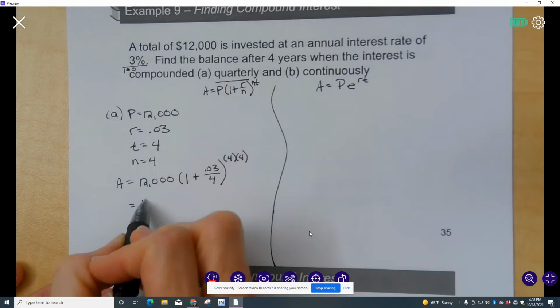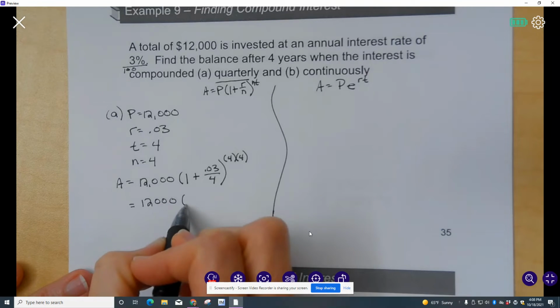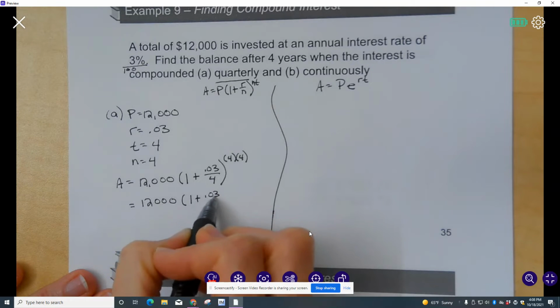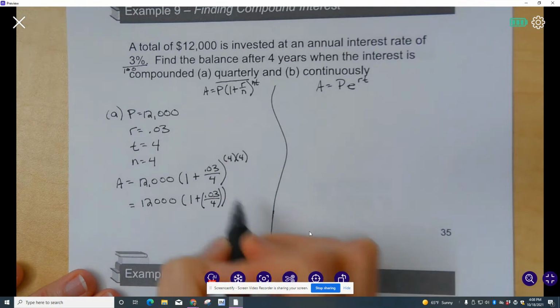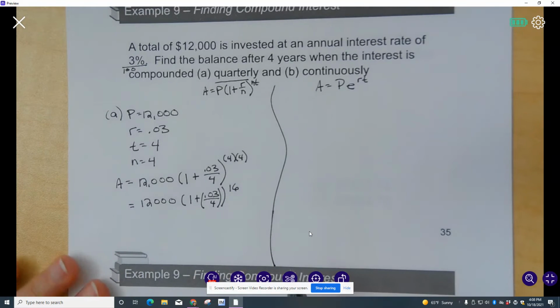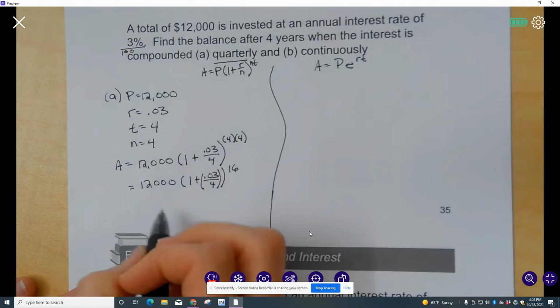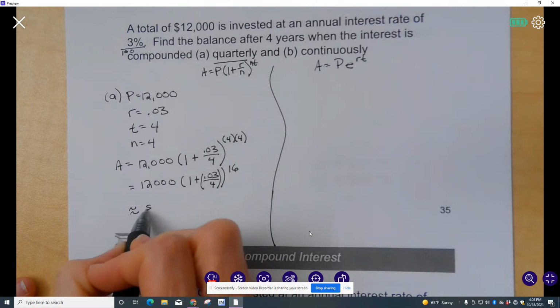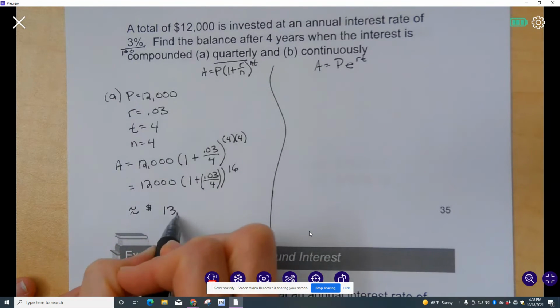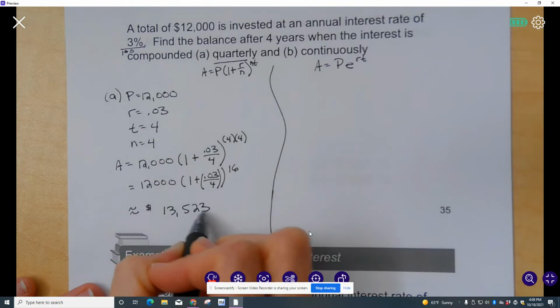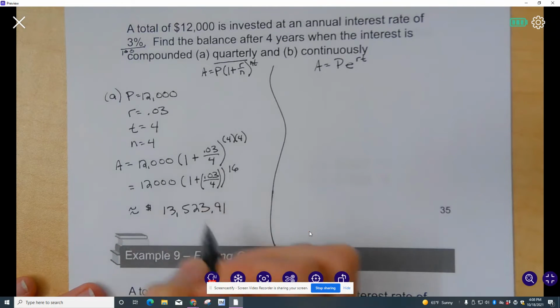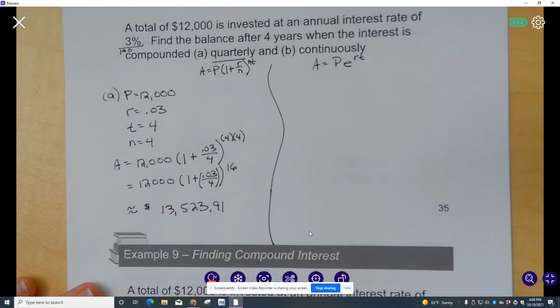So this is probably what I would punch into my calculator. And remember, put that in parentheses and then do another parentheses and then do 16. If you punch that in, you should get approximately 13,523.91. But practice punching this in your calculator. Make sure you get that.